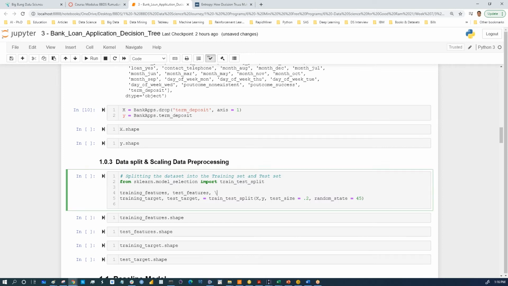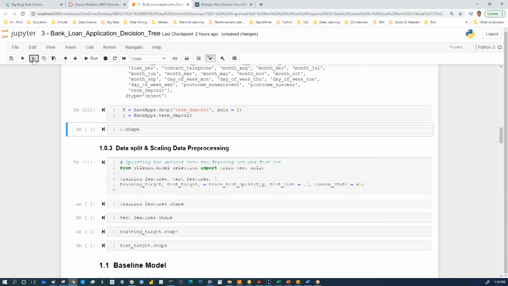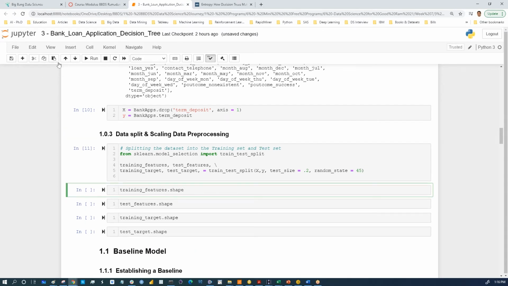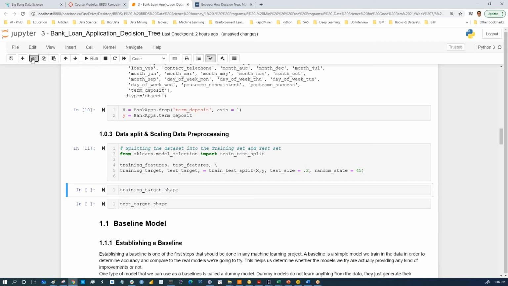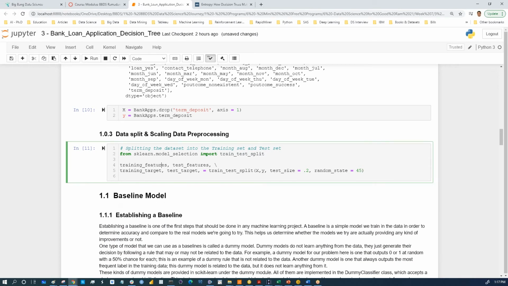Now we are going to split the X and Y into 80% and 20%.